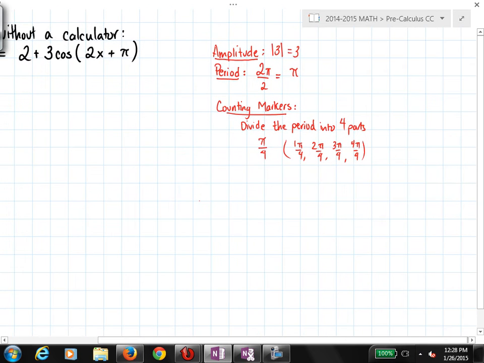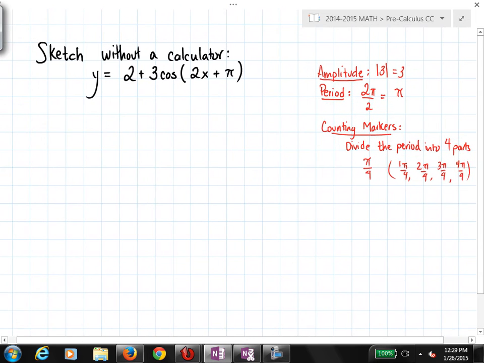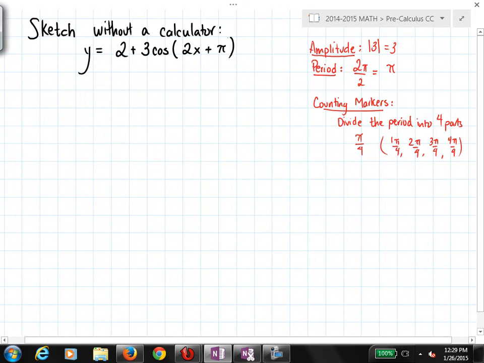But before I start figuring out the translation, because I know that there's going to be translation here because of this plus pi, there's a horizontal translation, which is the phase shift. This plus 2, or positive 2, indicates a vertical translation.